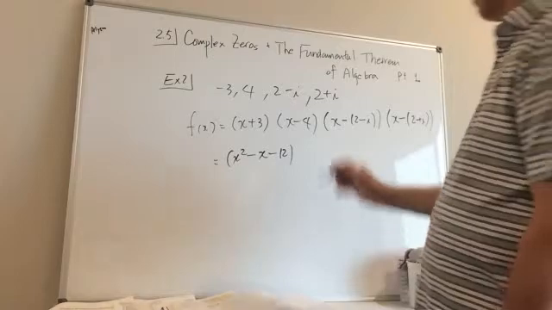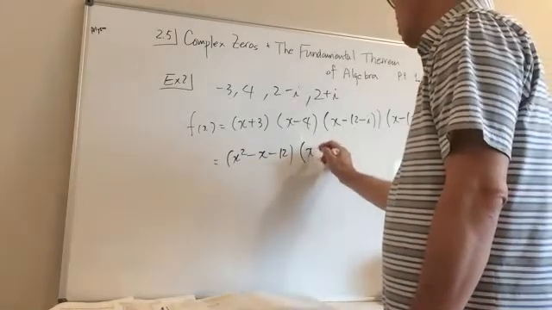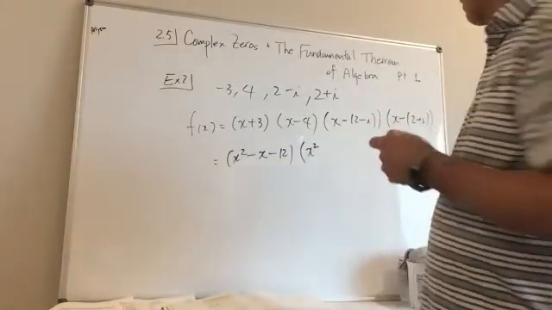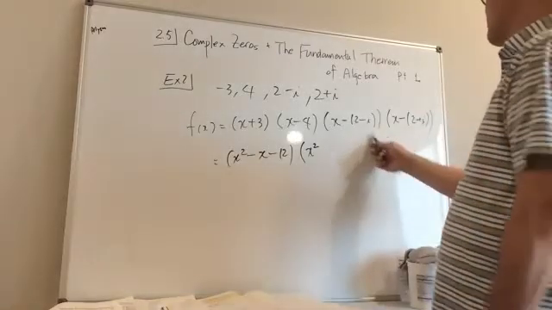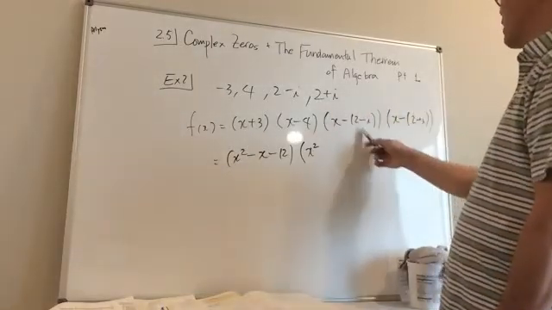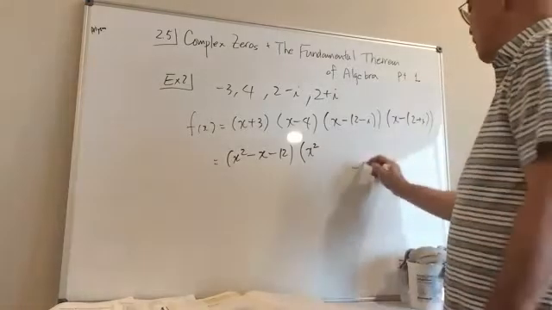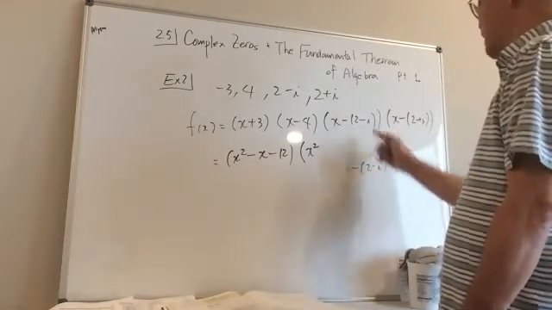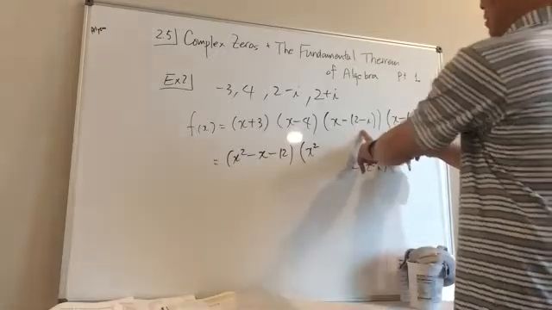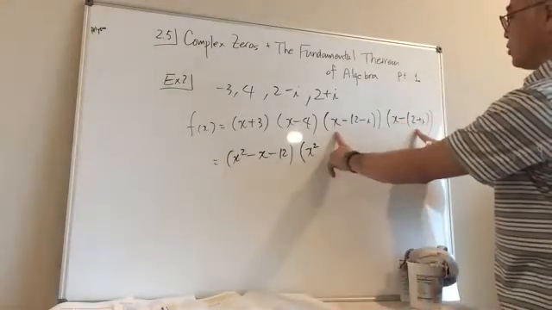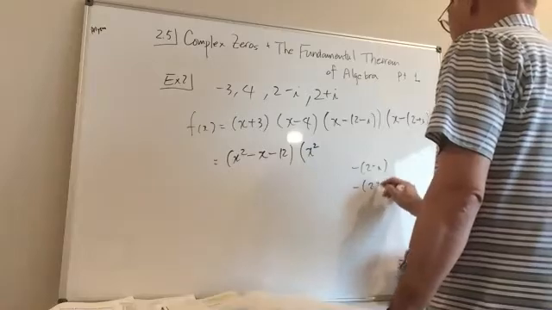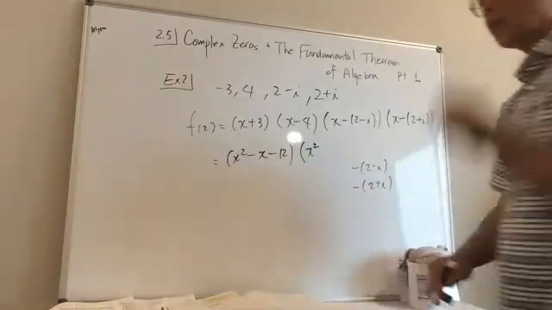Now over here, I have to do this. The first one's easy, x squared. Then I multiply to get the x's. The first one gives me minus 2 minus i number of x's, and the second gives me minus 2 plus i numbers of x's.